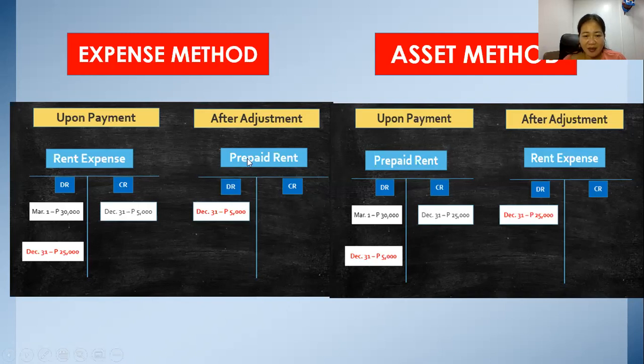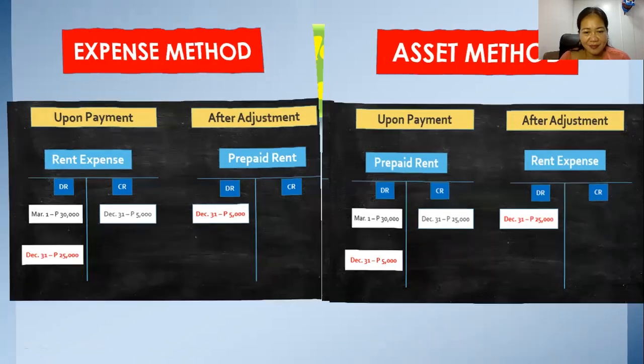Prepaid rent, 5,000 under the expense method. Prepaid rent, 5,000 under the asset method. Rent expense, 25,000 under the expense method. Rent expense, 25,000 under the asset method. So it's exactly the same.